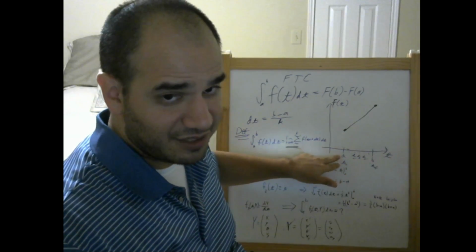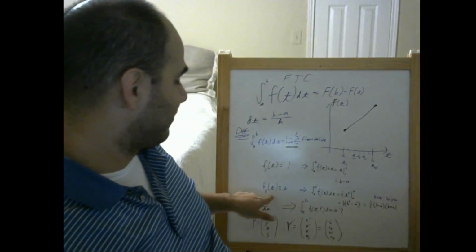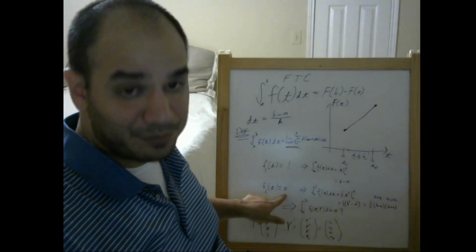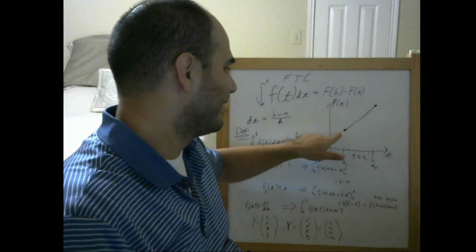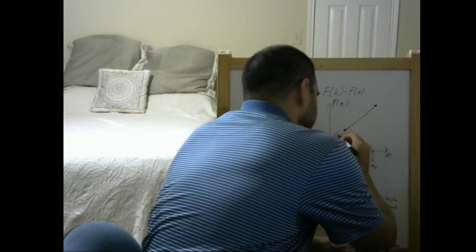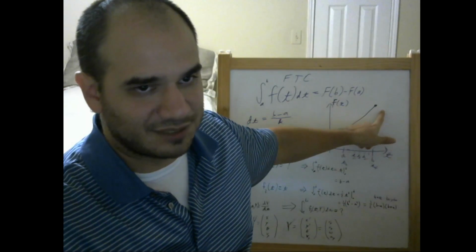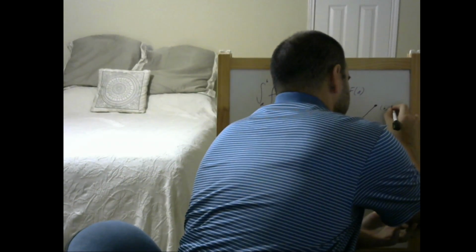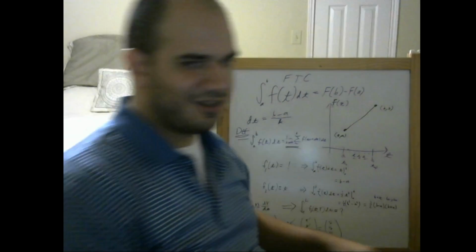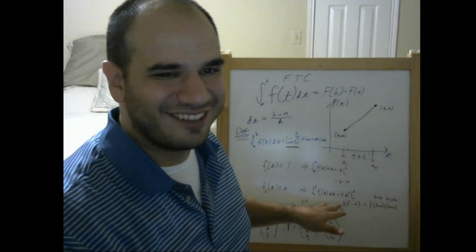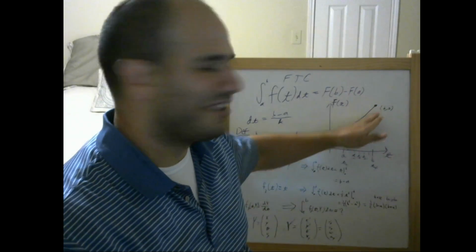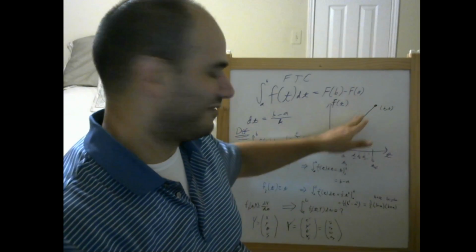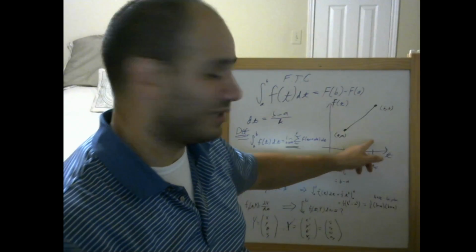And our input value was a, and because our function's output is always the same as the input, we know that this point is (a, a). And we know that this point is (b, b). And then we've gone through the trouble of creating this integral so we can compute the area under this curve, evaluated from this point to this point.